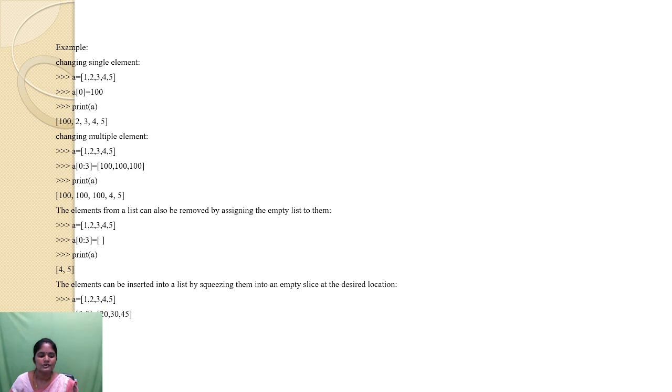If you write a colon 3 equal to an empty list, it starts from the 0th index and ends at the second position, so you are creating an empty list for those. The elements present from the 0th index up to 3 are 1, 2, 3, so the total elements are replaced by an empty list.